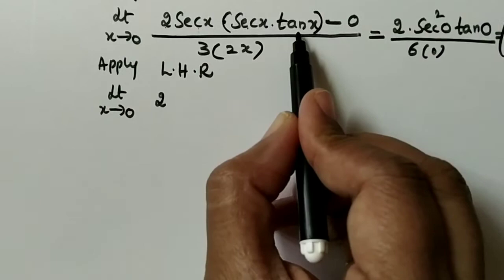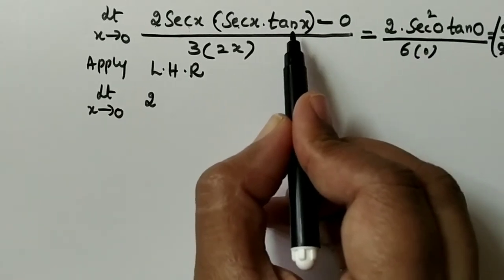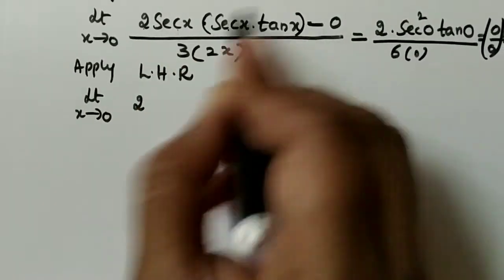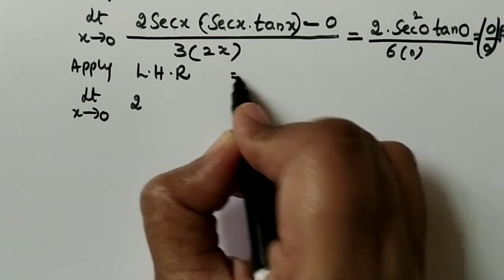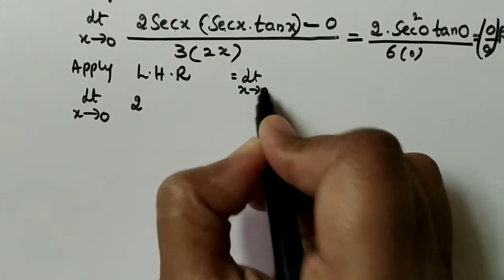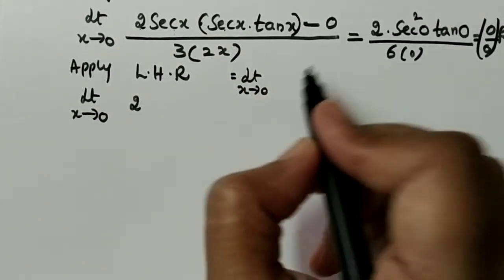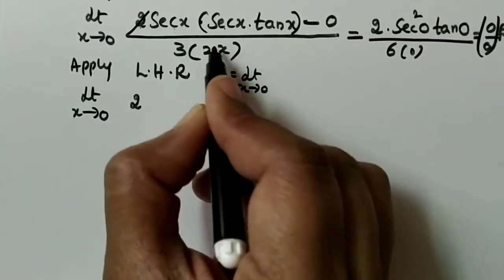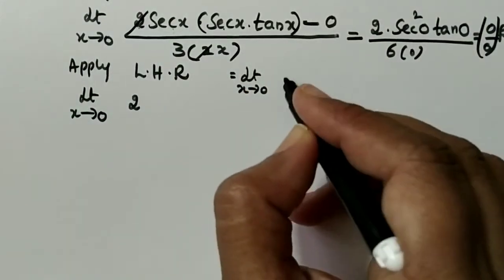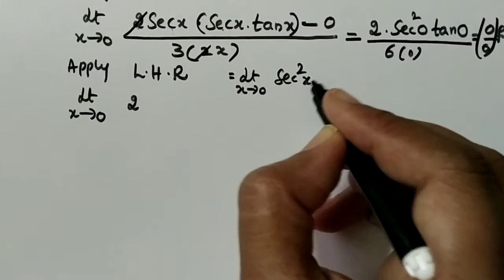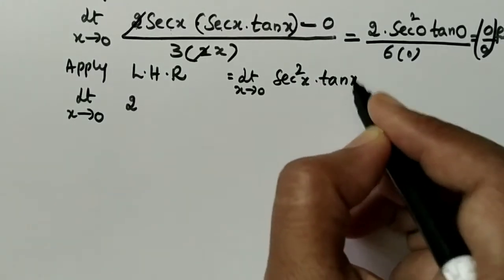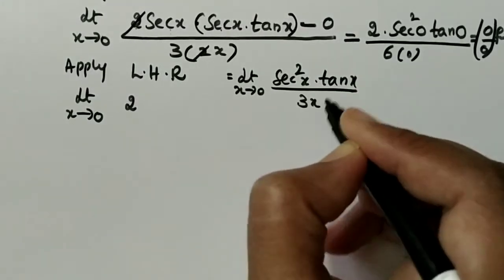U into v formula you can apply. Otherwise, one more way is simplification of this equation. Limit x tends to 0, this 2 you can cancel. So secant square x into tan x by 3x is there, no?